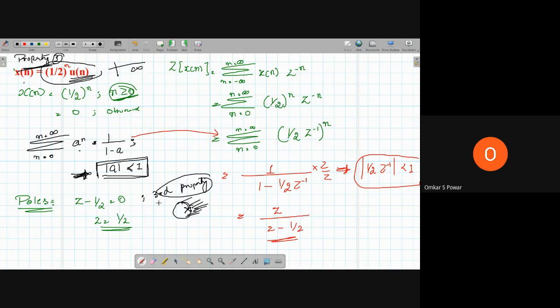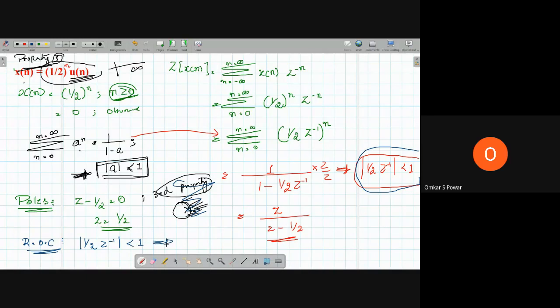Do not worry, concentrate here on what I am doing for the ROC. In order to plot the ROC, I told you that mod of half z to the power of minus 1 being less than 1 is very important. So for plotting the ROC, what we need is mod of half z to the power of minus 1 less than 1.